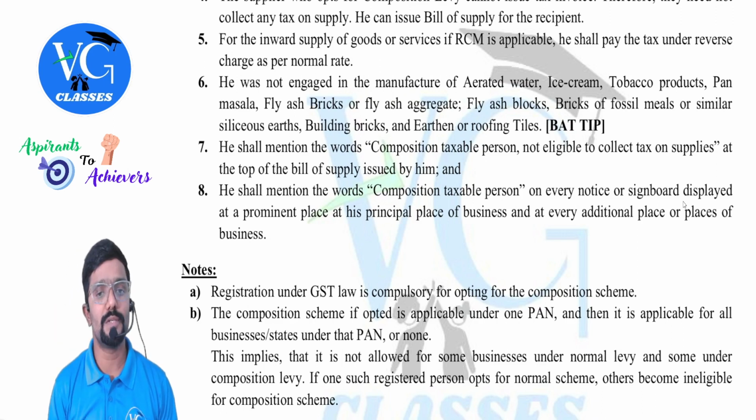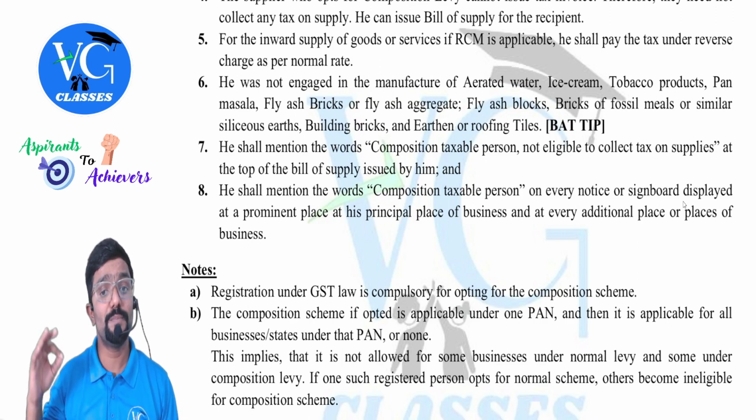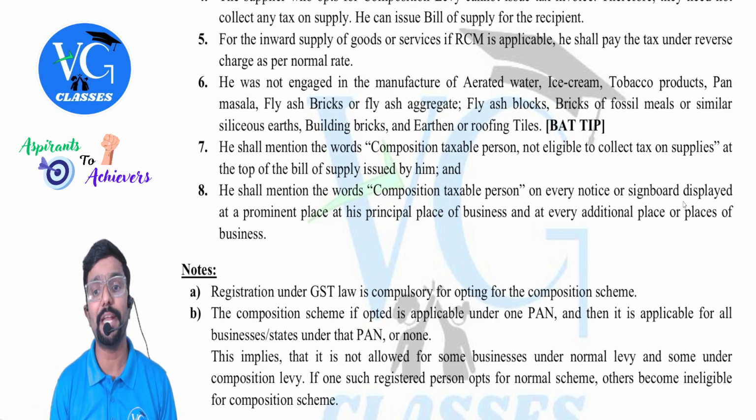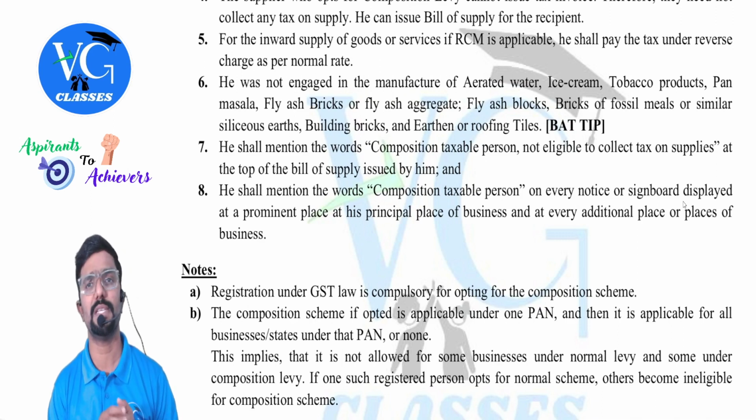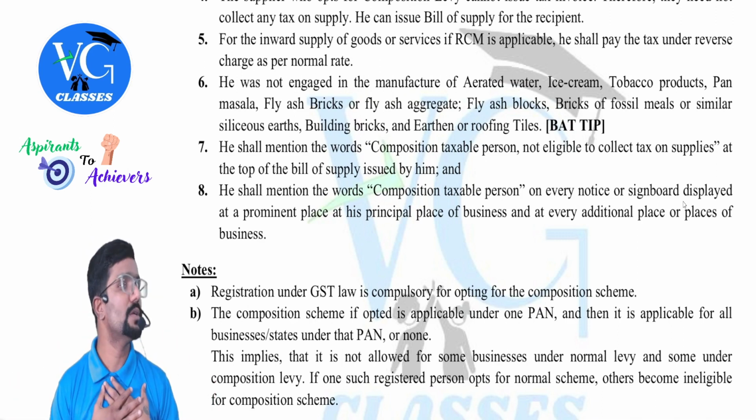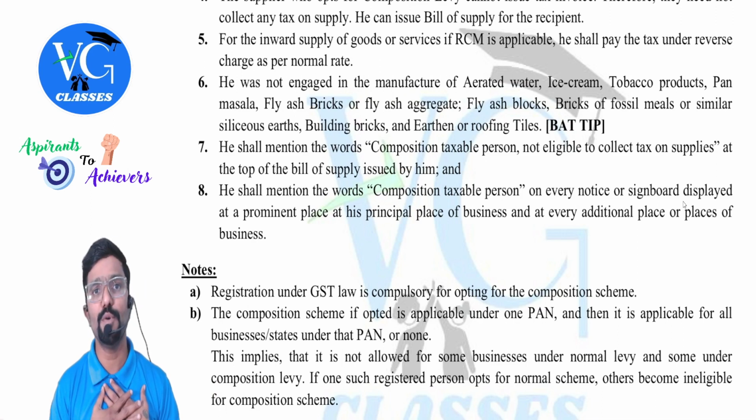He shall mention the words composition taxable person on every notice or signboard displayed at a prominent place at his principal place of business and at every additional place or places of business. So wherever I am doing the business, in all my branches, I have to disclose that I am a composition supplier.